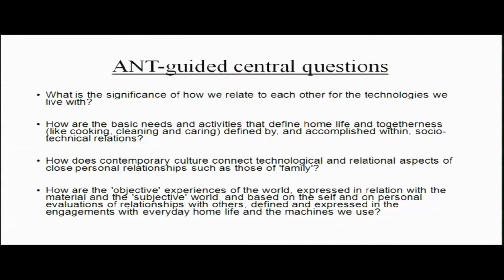So again, the relationships that are influenced and the experiences that have been objective in a subjective world. How are these relationships redefined, if at all, through the use of technologies within the domestic sphere?